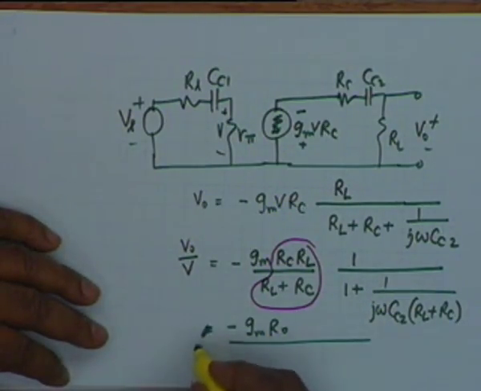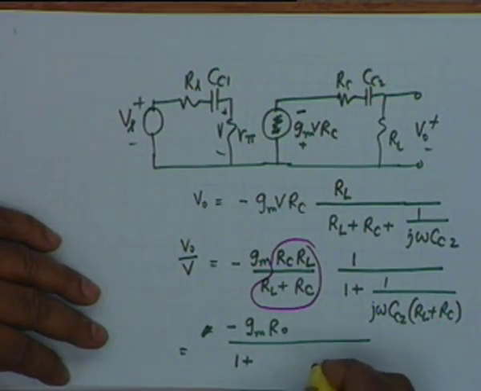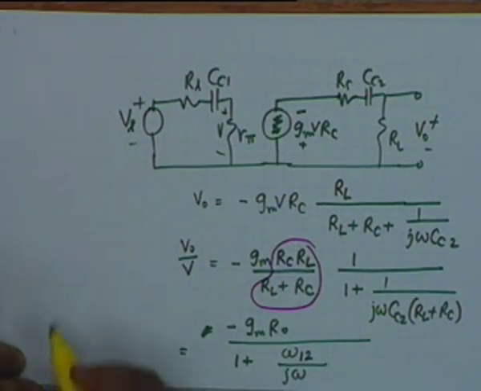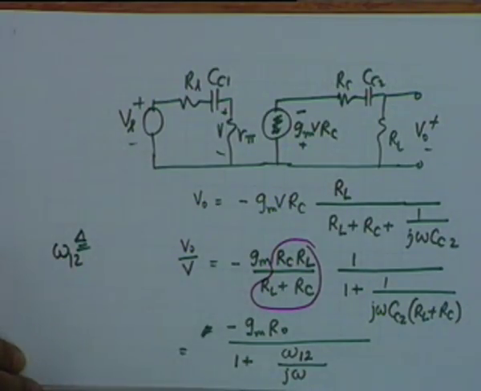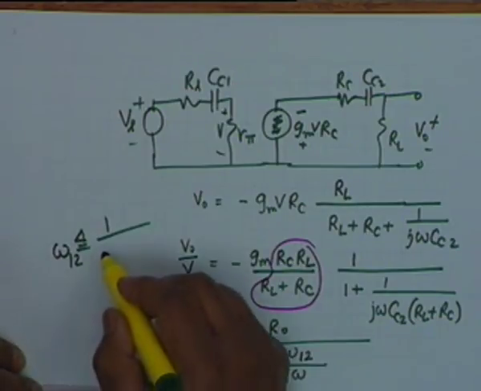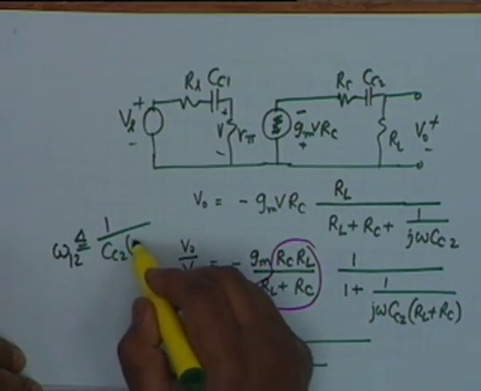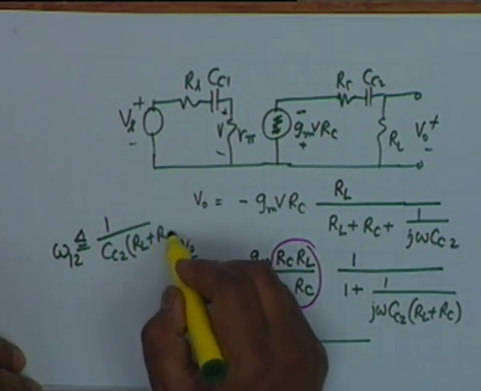divided by 1 plus, now I introduce a term omega 1 2 by j omega. I introduce a term omega 1 2 where I define omega 1 2 as 1 over CC2 times RL plus RC.